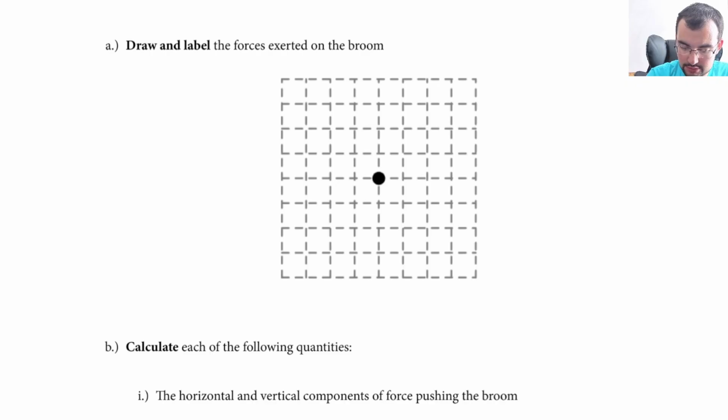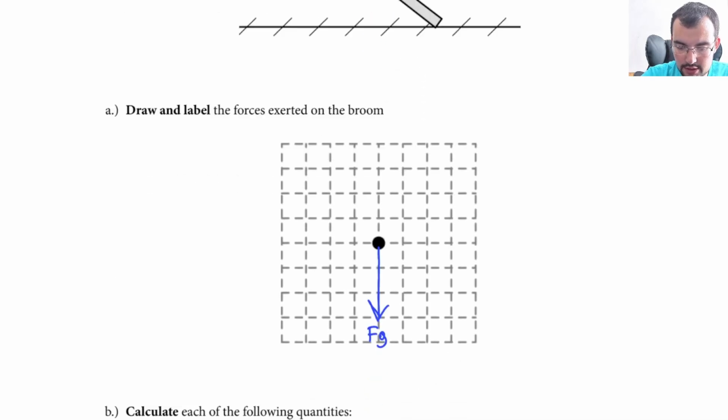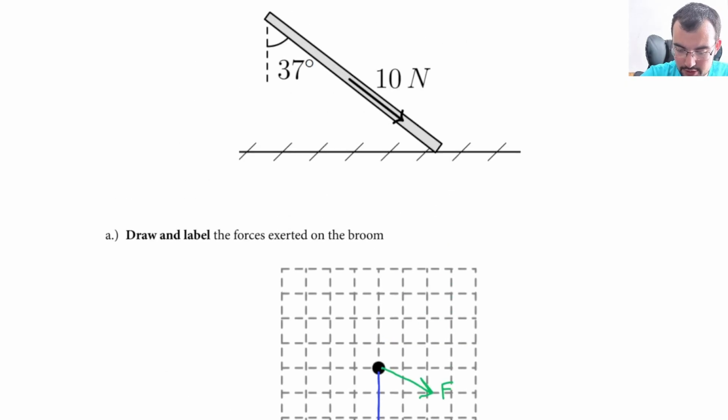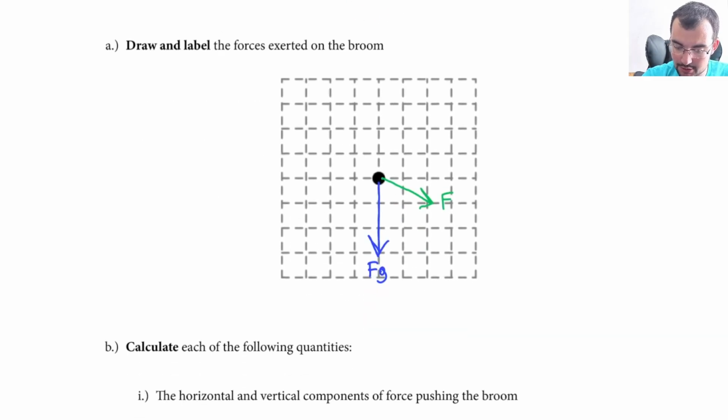Well, of course, we have a broom with mass on Earth, so it's got gravitational force. It is being pushed. So I will give it that downward right pushing force. And we're balanced, so we have some forces to deal with here.